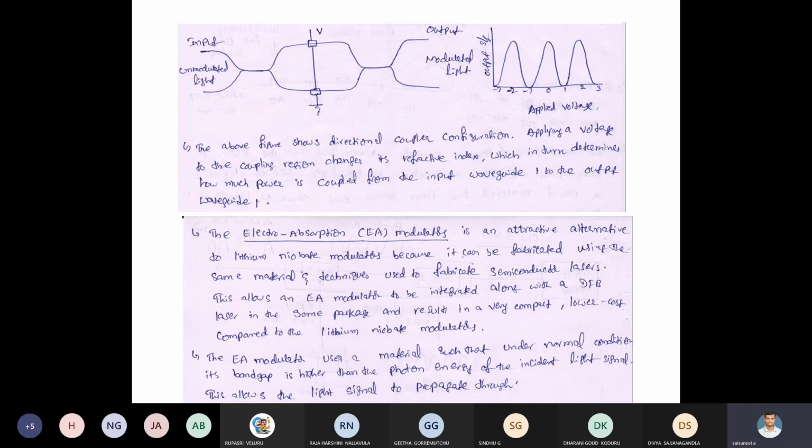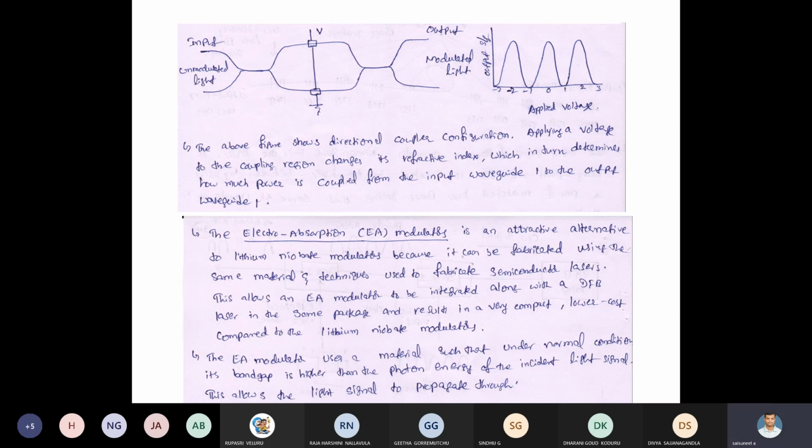Electro-absorption modulators. Here this is another technique, an attractive alternative to the lithium niobate modulator. The technique is the same and the fabrication is the same, but it is lower cost compared to lithium niobate modulators.